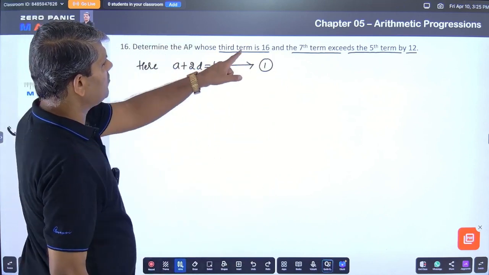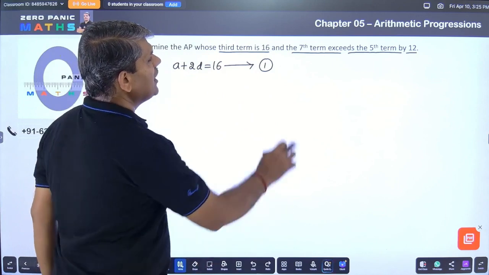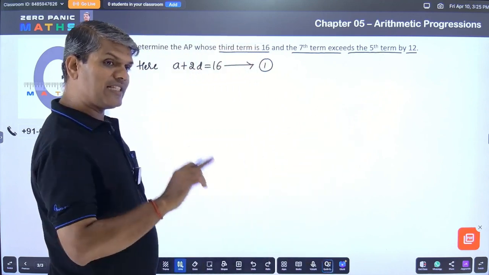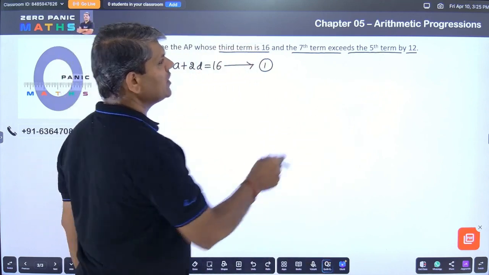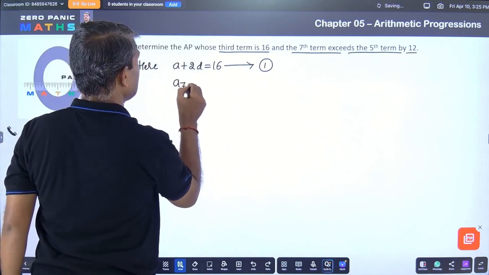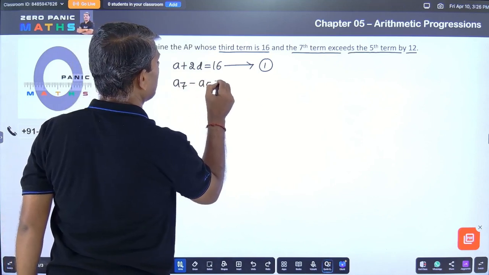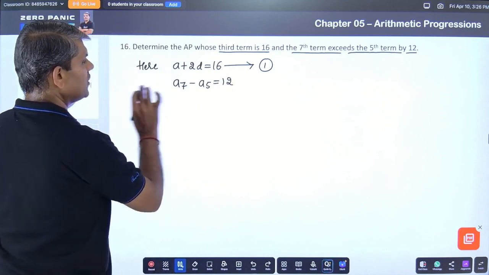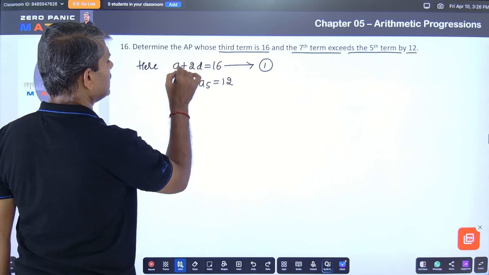Third term is 16, right? Seventh term exceeds the fifth term. It means A7 minus A5 is equal to 12. So let us write that also: A7 minus A5 is equal to 12. But we need to first derive the equation.